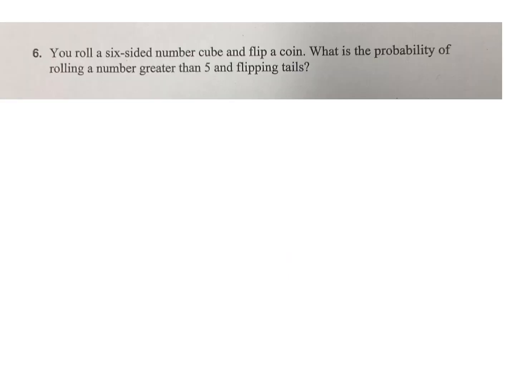Number 6, you roll a 6-sided cube, okay, and then you flip a coin. What is the probability of rolling a number greater than 5 and flipping tails? So greater than 5, we know that this is going to be out of 6. A cube has 6 sides. So greater than 5 would just be 1, because you can only get 6.